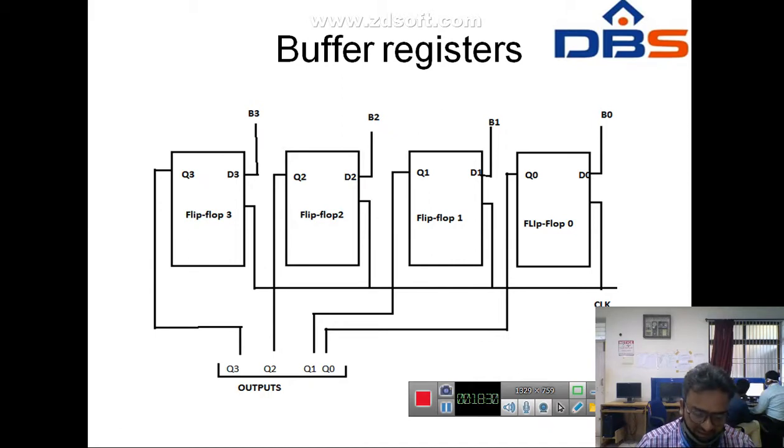In this logic circuit, note the X bit set of the flip-flops for loading. When the first clock pulse arrives, all the X bits are loaded into the D inputs of all the flip-flops. Whenever the clock pulse is generated, at that time all the X bits are loaded into the D inputs of all the flip-flops.